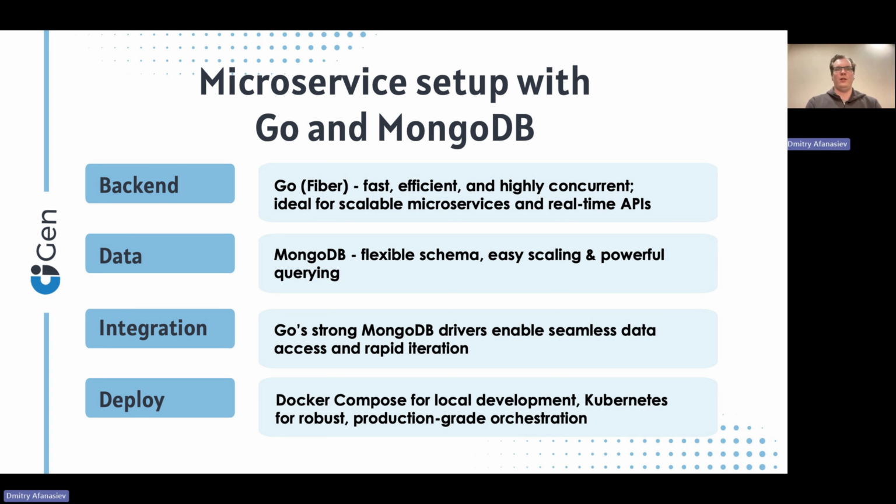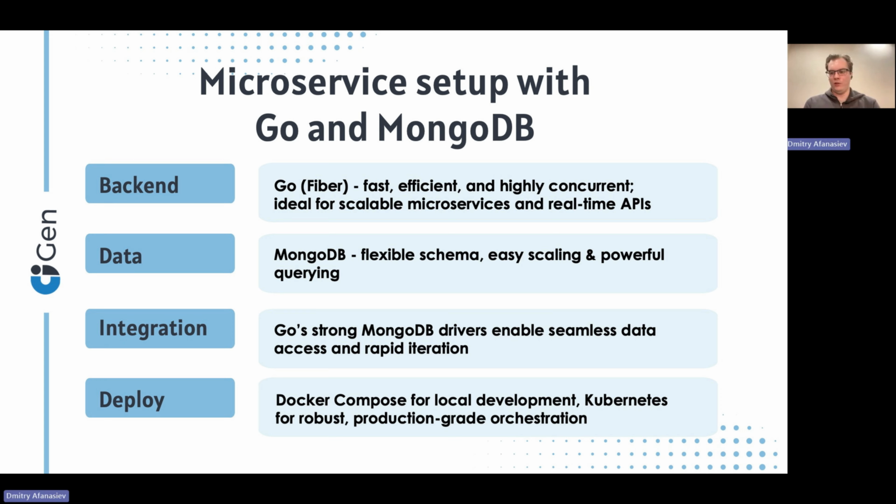To put this all together as a microservice deployment, we can use Docker, which is of course the standard tool for this. Once you have it set up, you can easily deploy it everywhere, either locally or in the cloud.